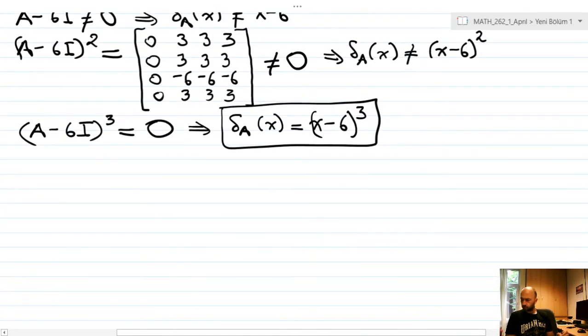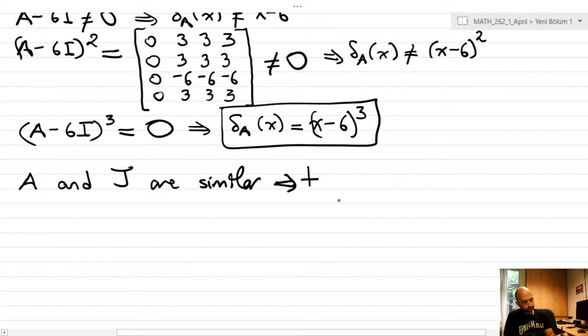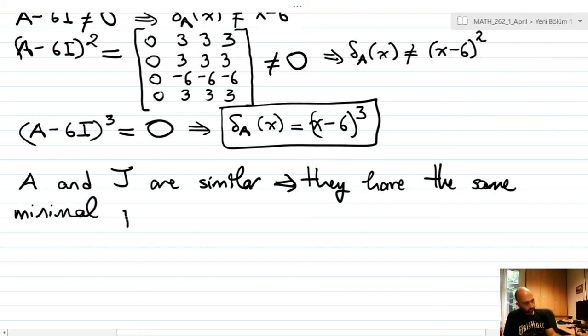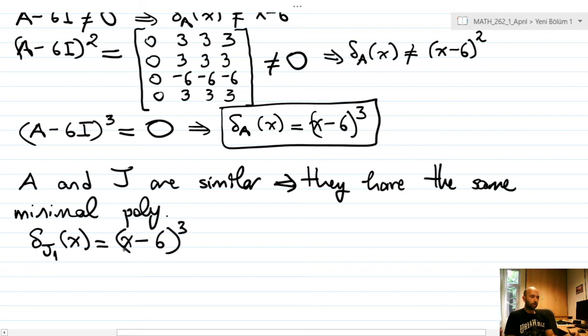Fine, so we found the minimal polynomial. Now, A and J are similar, so they have the same minimal polynomial. You can just check that the minimal polynomial of J1 is x minus 6 cubed. It has a 3 by 3 block, and it exactly takes the third power to kill that 3 by 3 block.